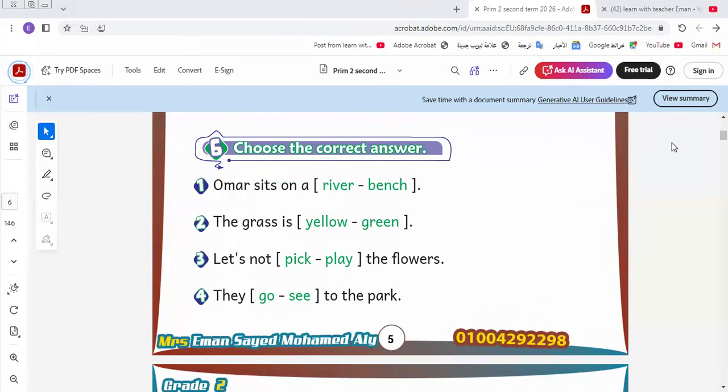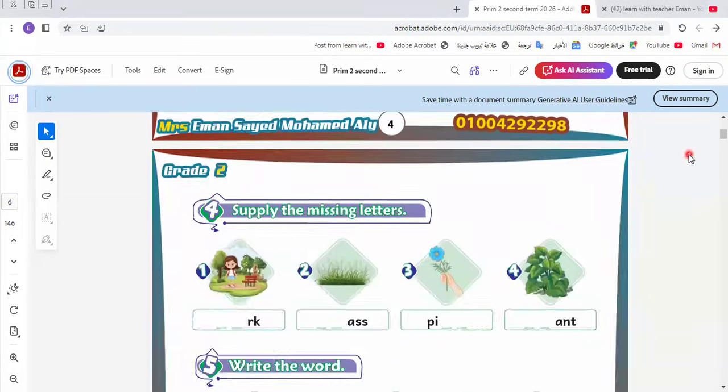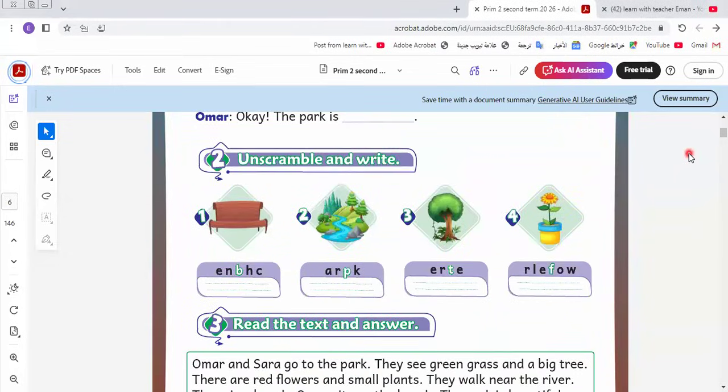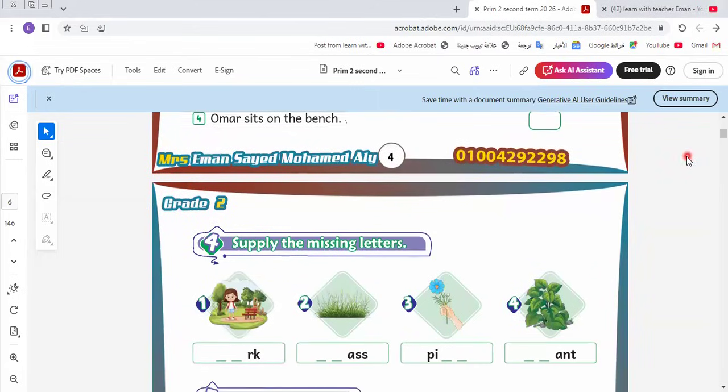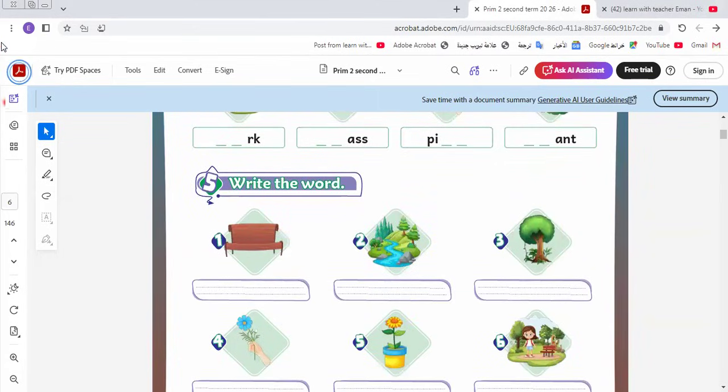Lake or park? I don't know. I think it's lake. No, it's not lake. It's park. If I have a mistake here, here is park, not the lake. I don't know because I see the water, then I say park. Here is park, not lake. Okay. Here is park and here is beach.